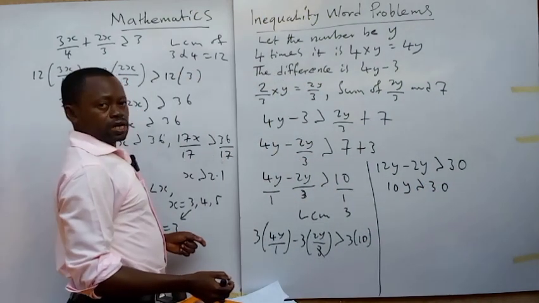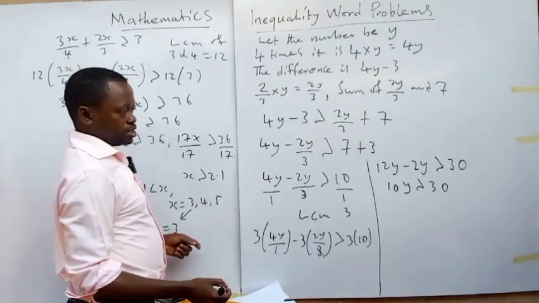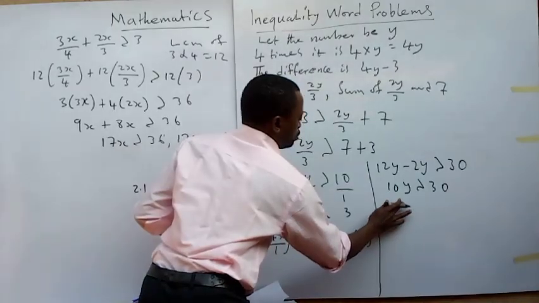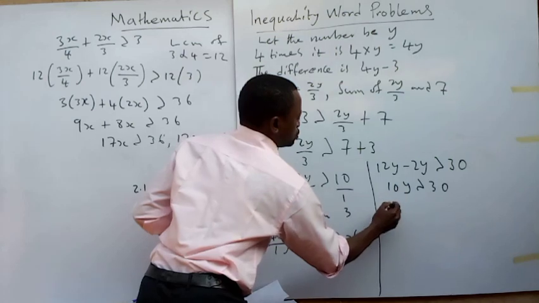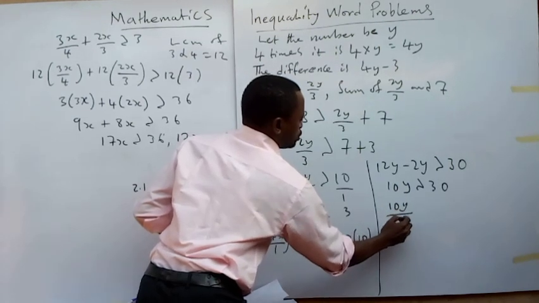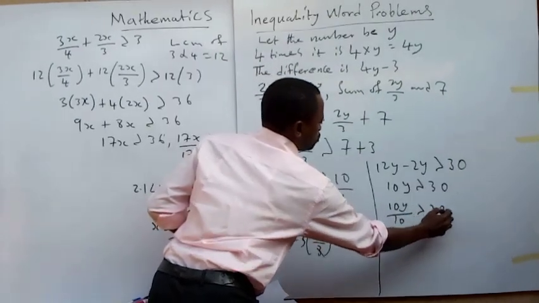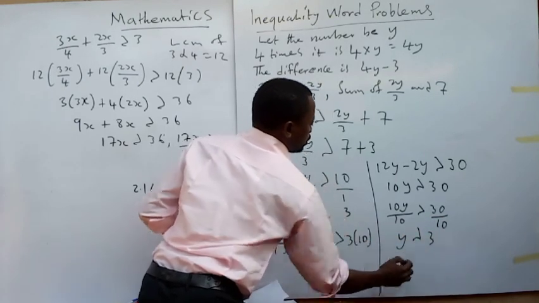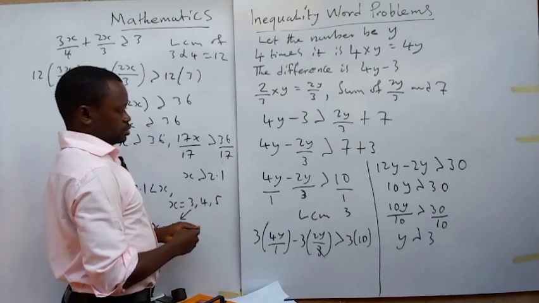And I know you will know what will happen next. Divide both sides by 10. So if you have 10y over 10 greater than 30 over 10, here you have y greater than 3. Y is greater than 3.